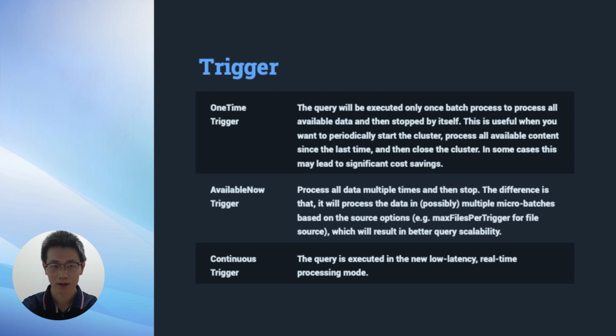For example, if your data source is a file, you can configure how many files to read each time you trigger. This means I might trigger multiple times to process your data entirely. But once processing is done, the task ends, unlike the default or processing time trigger modes, which are persistent tasks.